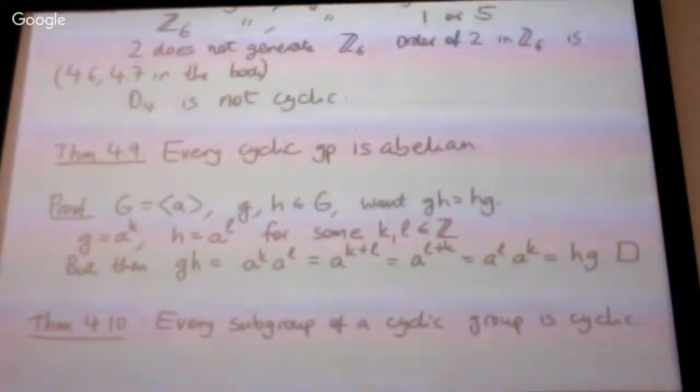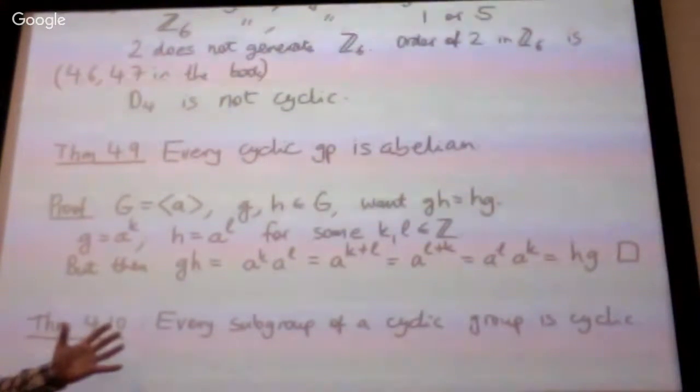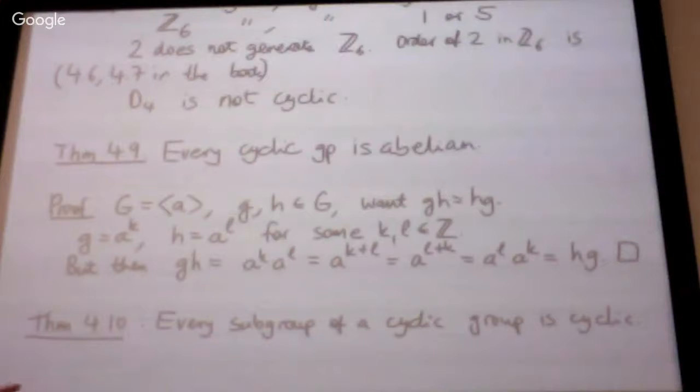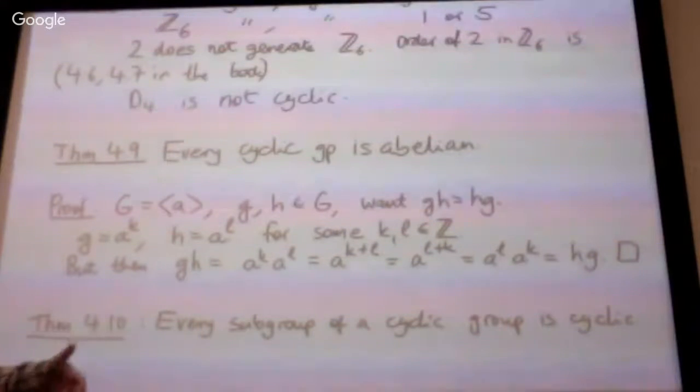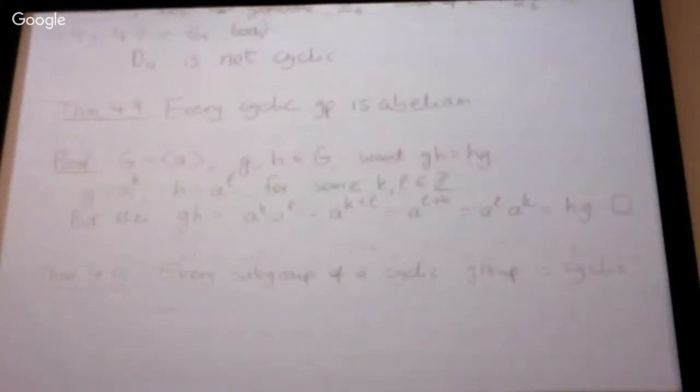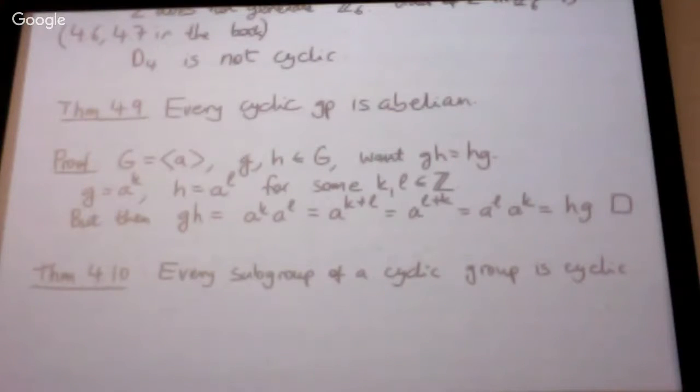You take a cyclic group generated by one element, you take any subgroup, and it will also be generated by one element only. Potentially some other element, because none of the generators of the original group is necessarily in the subgroup, but it's also cyclic.